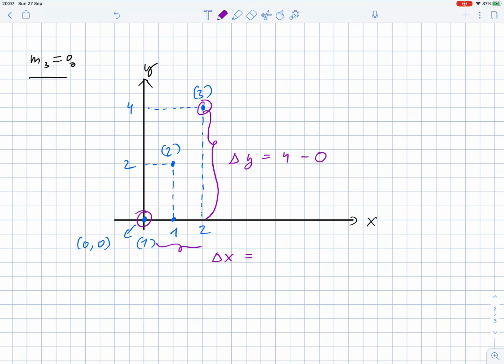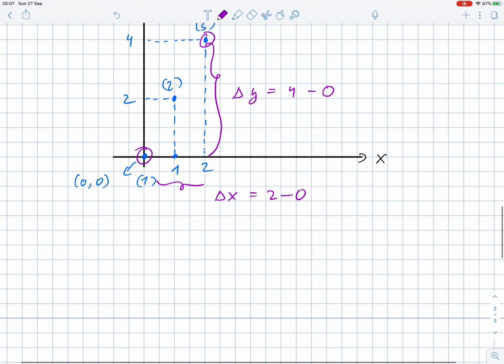So 2 minus 0. And now we can calculate the third ratio, which is 4 minus 0 divided by 2 minus 0, and we have the same result.